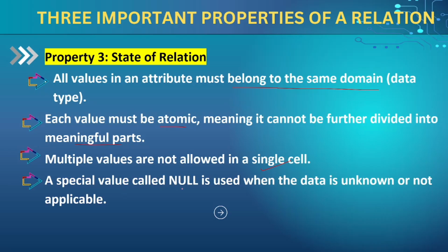A special value called null is used when the data is unknown or not applicable. For example, if you don't know the phone number of a particular person, when you're entering the data, that time it is fine. You can give the null value. It will accept it. I hope everyone is clear with all three properties.